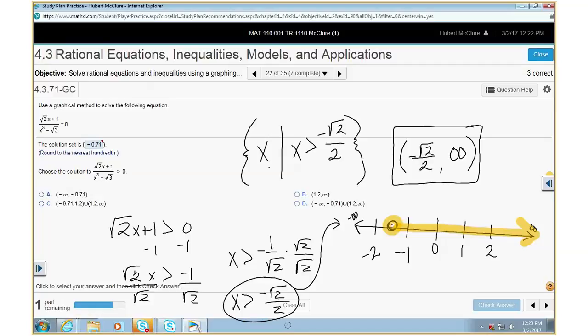Should be negative 1.71 to infinity. I think it's negative. Hold on. I don't understand why they have, there's no break. The 1.2, I don't understand where the 1.2 is coming from.